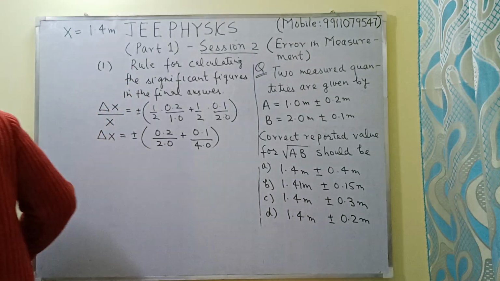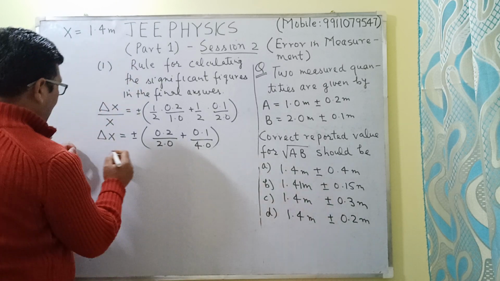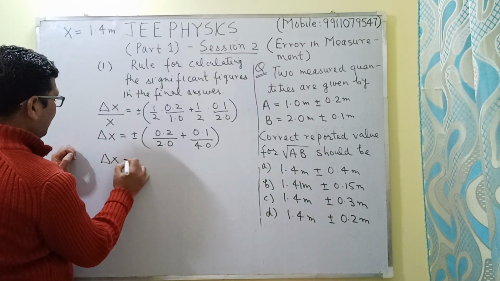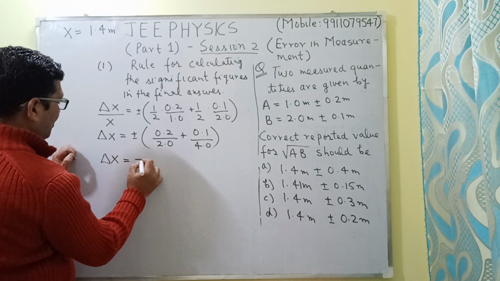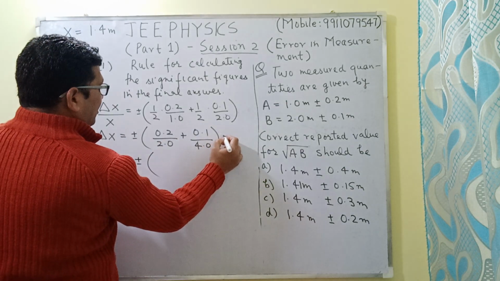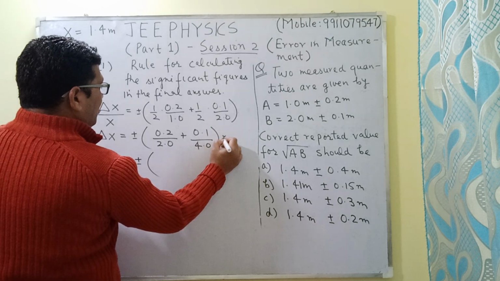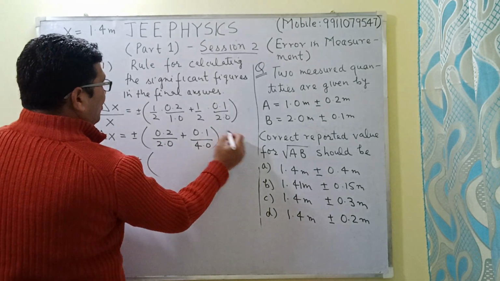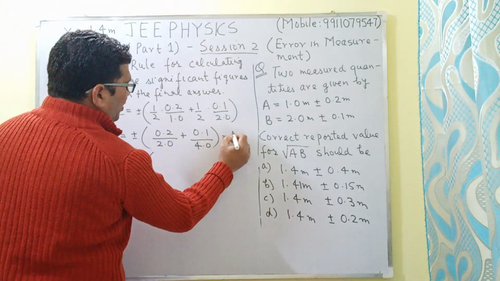So now I will be using this calculator here. This delta x will be equal to plus minus delta x upon x into x, and the value of x was equal to 1.4.